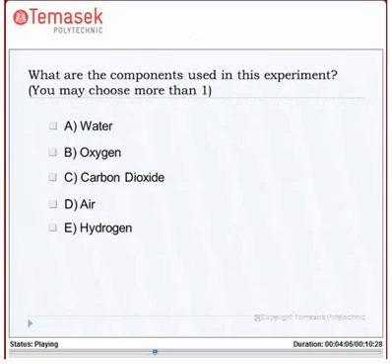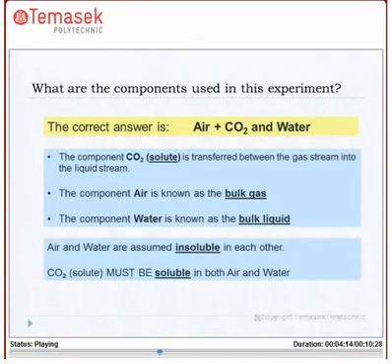What are the components used in this experiment? You may choose more than one. The 3 components used in this experiment are air, carbon dioxide, and water. Carbon dioxide is called the solute and is the component of interest transferred from the gas stream into the liquid stream.